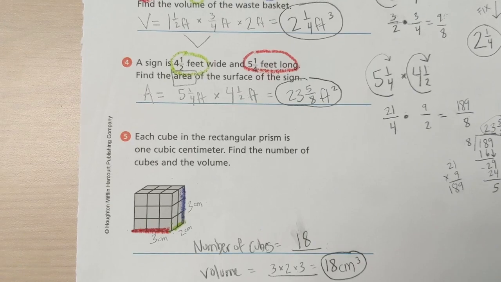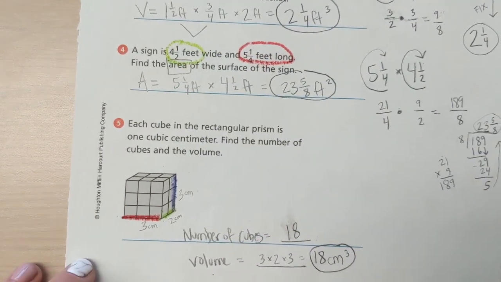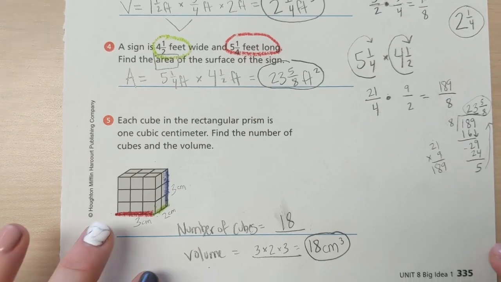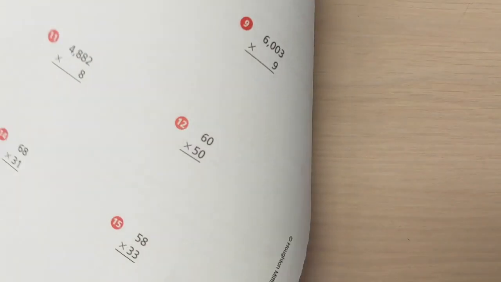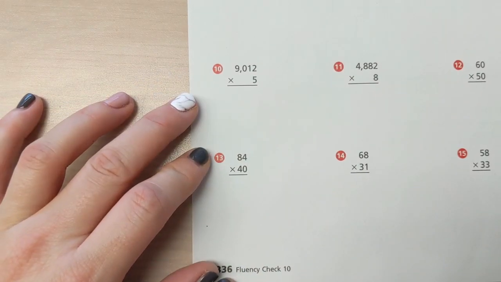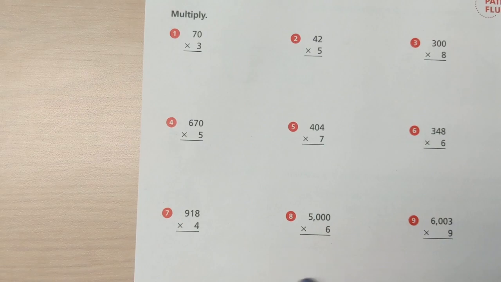Okay, so we've just done all of the problems, 1, 2, 3, 4, 5 on this page 335. What I want you to do now, it's your assignment, is to flip the paper over and to complete page 336 on your own at home. It's just a quick fluency check where they're checking multiplication.